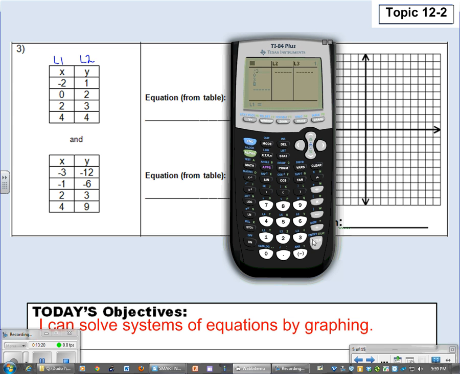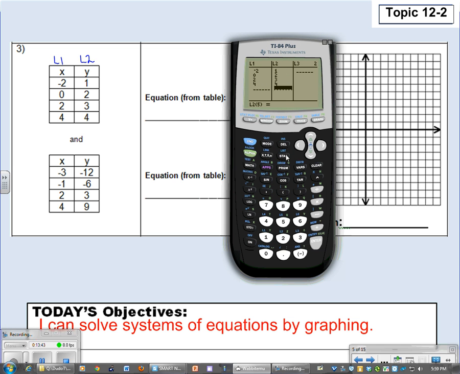Arrow up, hit clear. Now I can type in without worrying. -2, 0, 2, 4. Scroll over, we got 1, 2, 3, and 4. Press enter. Let me check my numbers.